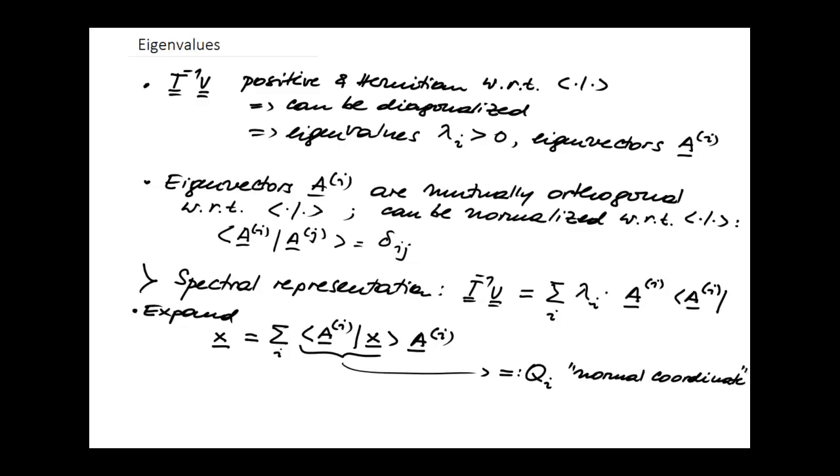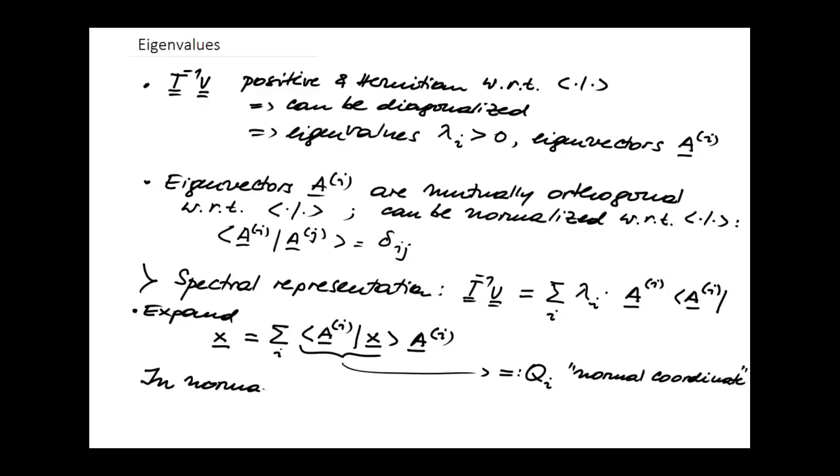And I would like to do a coordinate transformation and go from the xi that we have used so far to the capital Qi, which are the normal coordinates. So I can characterize the configuration of the system, rather than with the xi, also with the capital Qi, with the normal coordinates.